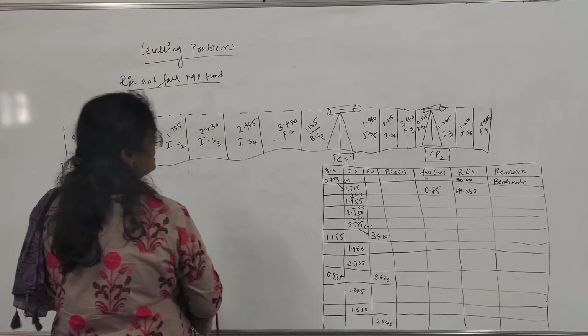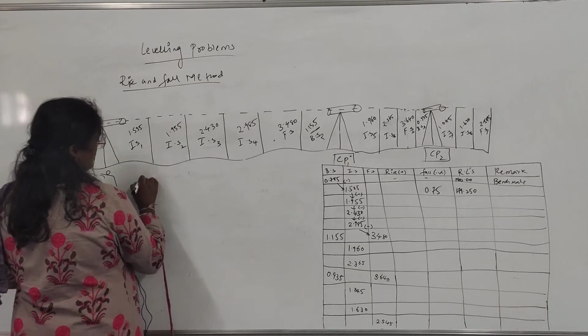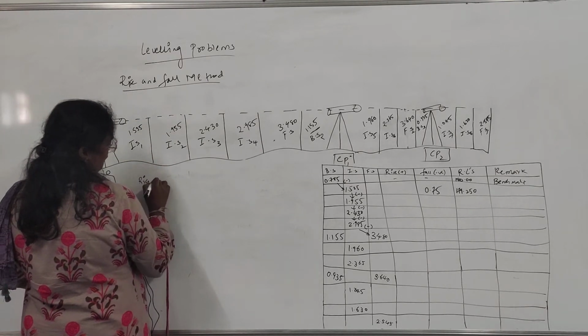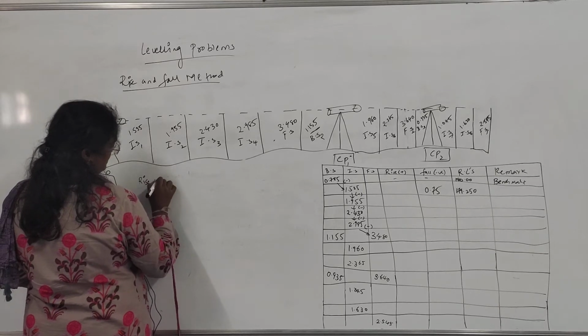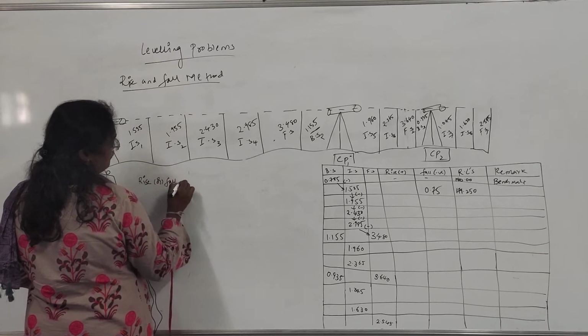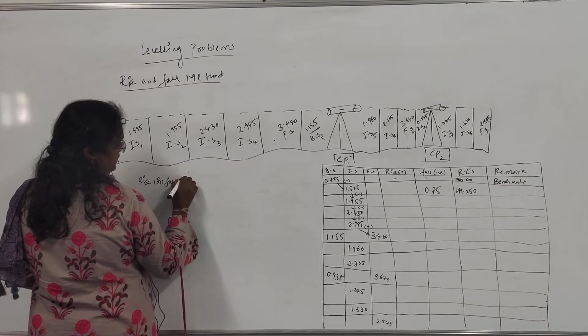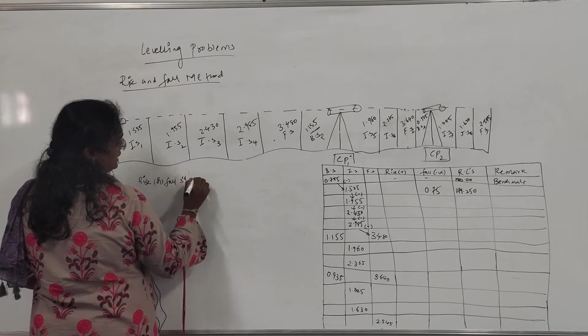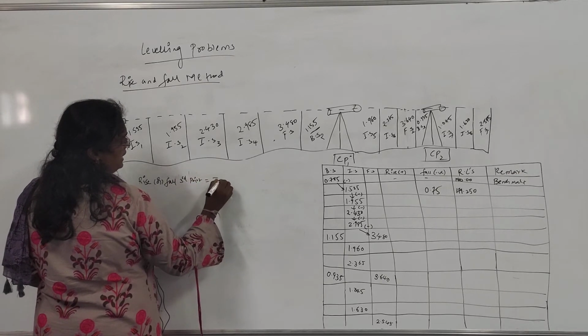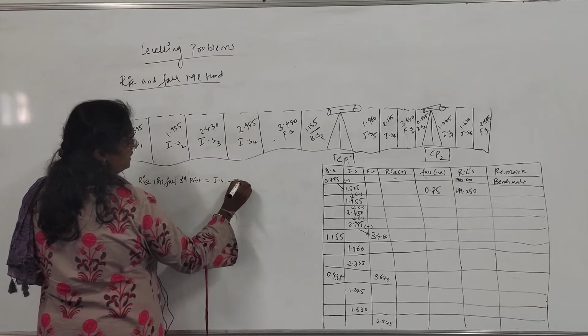Right? Next, rise or fall. Third point will be intermediate sight 1 minus intermediate sight 2.